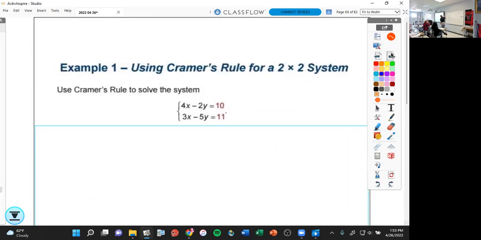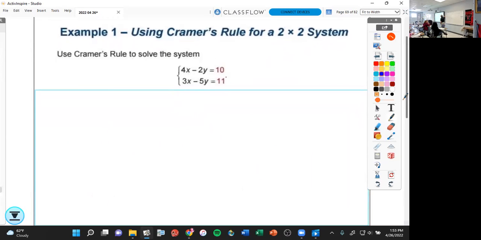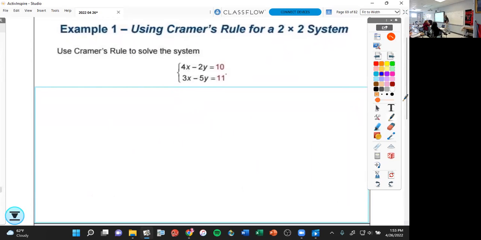We're going to use Cramer's rule to solve this. So the first thing I need to do is determine my coefficient determinant.